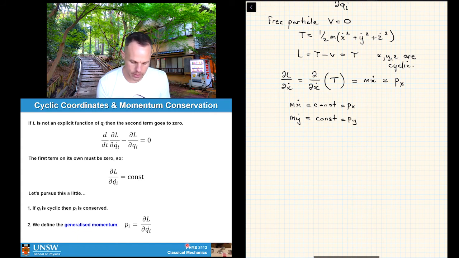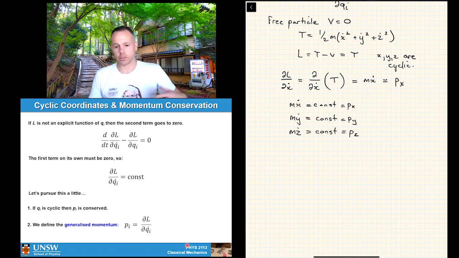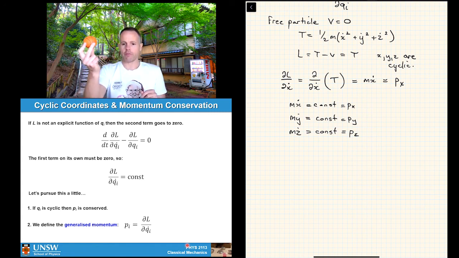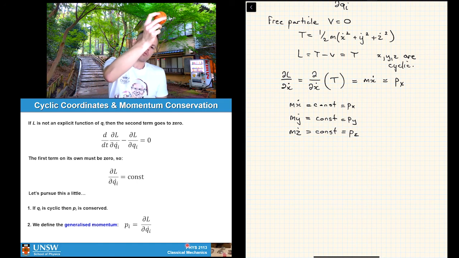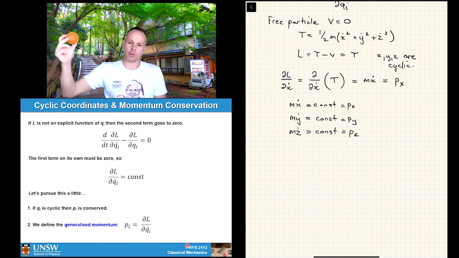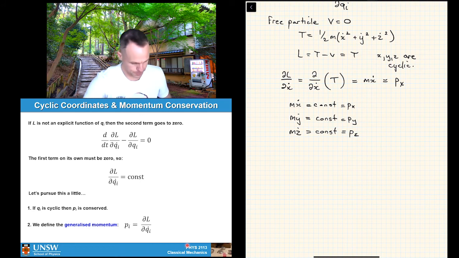And mż is equal to a constant, and it is pz. And those three constants don't necessarily need to be the same, right? All they have to be is constant. And so what that means is, essentially, if I have my object sitting stationary in space, all those constants are 0. If it's moving along at some velocity, all of those momentum components may be different, but they're all constant, right?